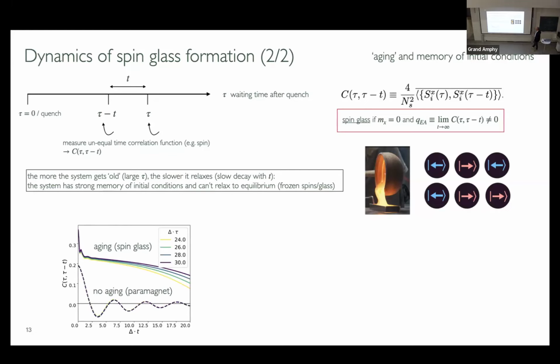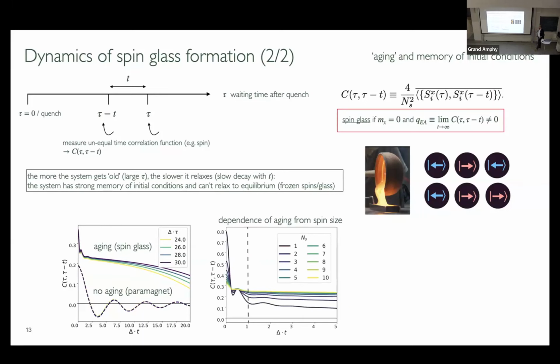But the paramagnet doesn't show that, right? All the curves are on top of each other, they decay with large t, and it doesn't matter how old they are. And what you can ask in this context is, again, how this entire business will depend on spin size. And you are going to see here essentially that going again from yellow, that means semi-classical, down to quantum, you are going to have essentially a completely different decay with small t.